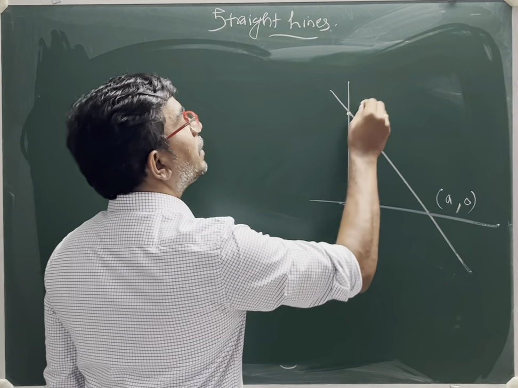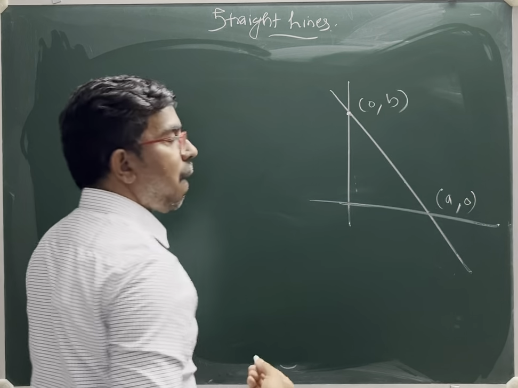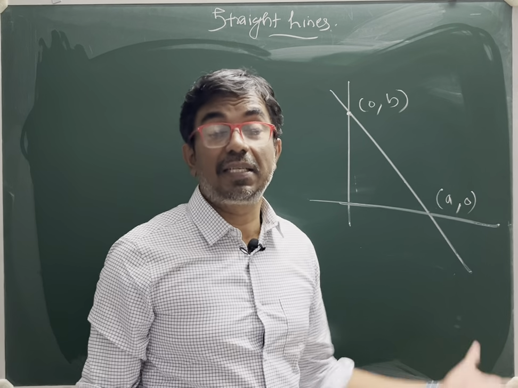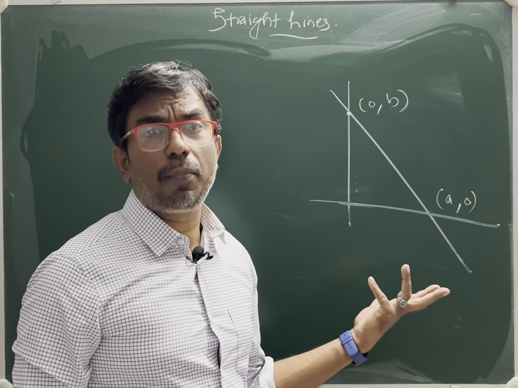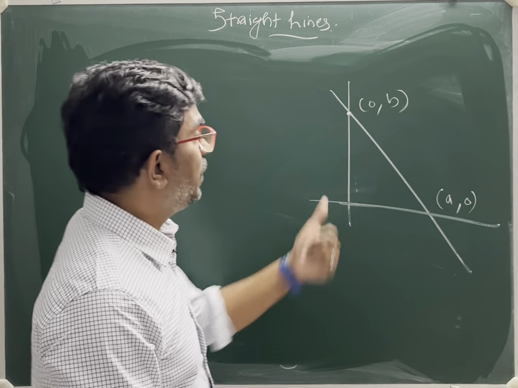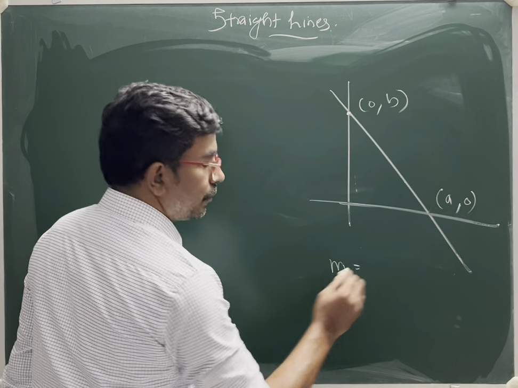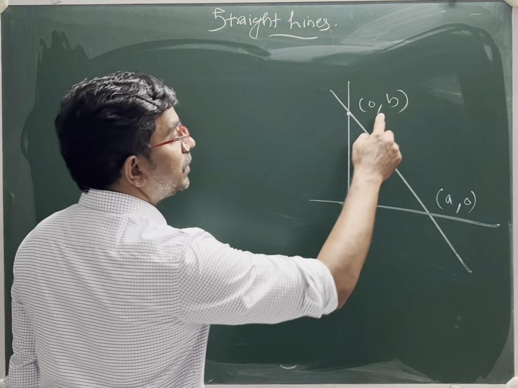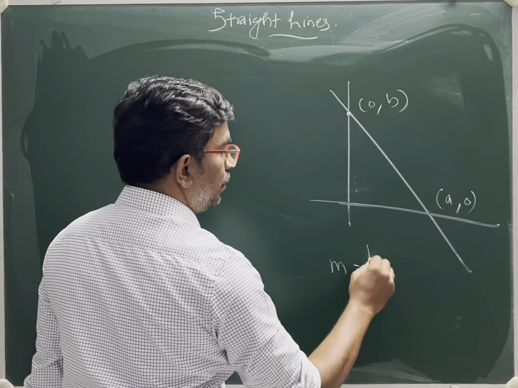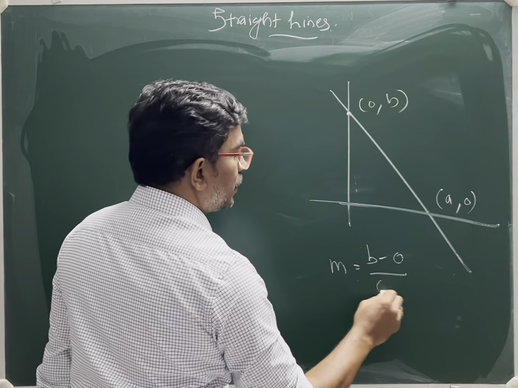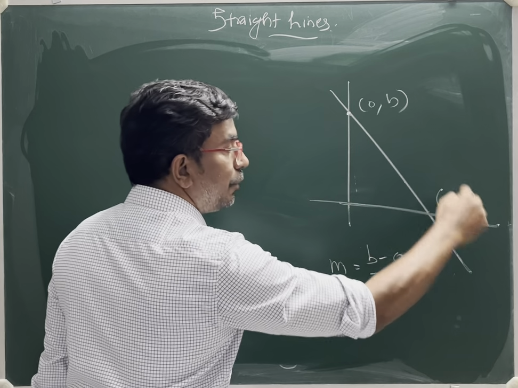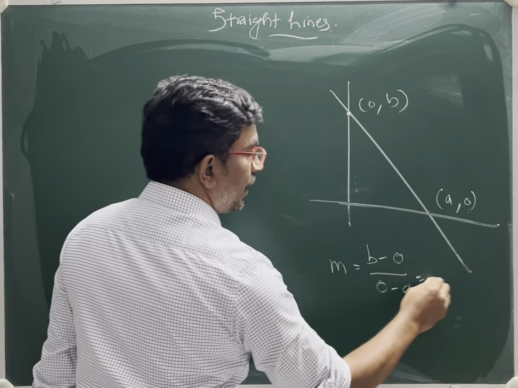I know the y-intercept 0 comma b. Now what will be the style of equation? This is a 2-point form, right? 2-point form means you can find slope. What is slope? Slope is y1 minus y2, so b minus 0 by 0 minus a. The same order you have to subtract. So that is minus b by a.